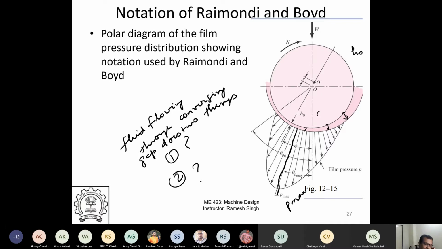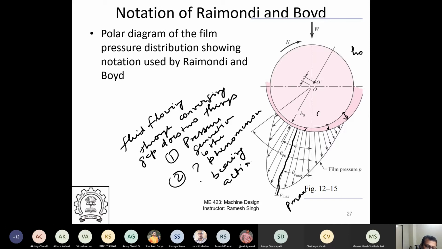Yes. In that order, I would say film is important, but more important is pressure generation. I think the first task is that it generates pressure between these two, right? The film has pressure. This pressure generation is the phenomenon which provides the bearing action, because this pressure is what supports the load, right?